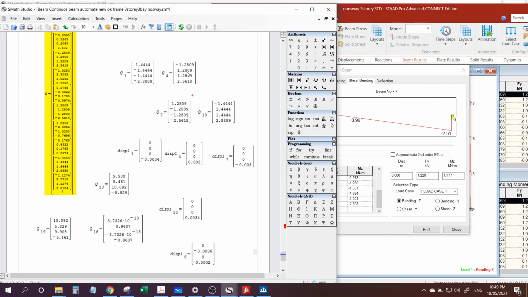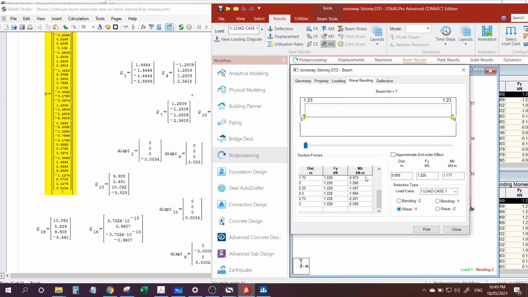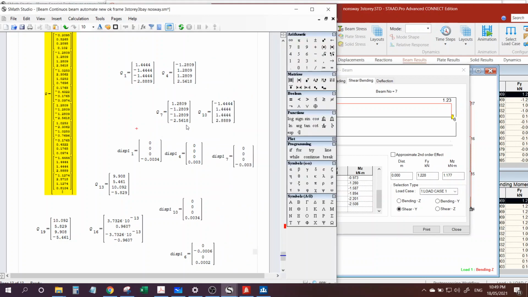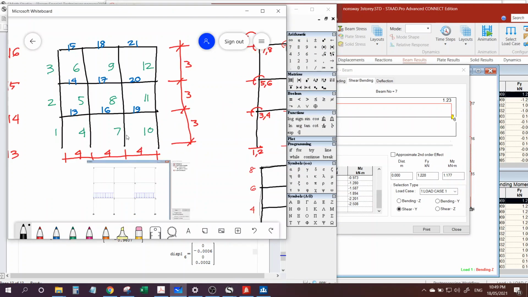So I'm getting 1.2 and 2.5, right? For the shear, I'm getting 1.23 on both ends. So 1.28. Okay, quite close.